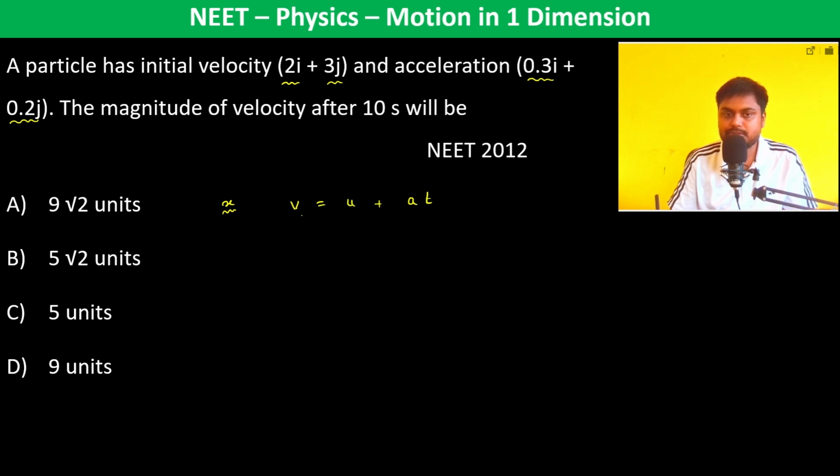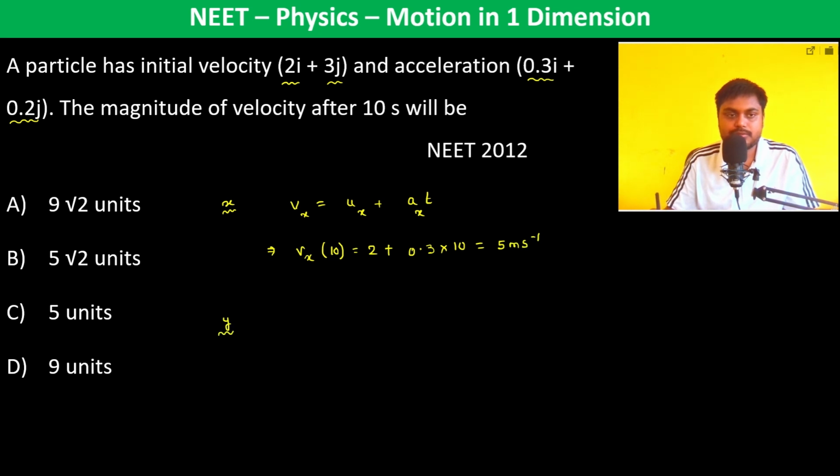For convenience we just add x. So velocity in x direction at time t is ux plus ax t. Therefore velocity in x direction after 10 seconds is ux, which is 2, plus ax, which is 0.3 into 10, which is 5 meter per second.